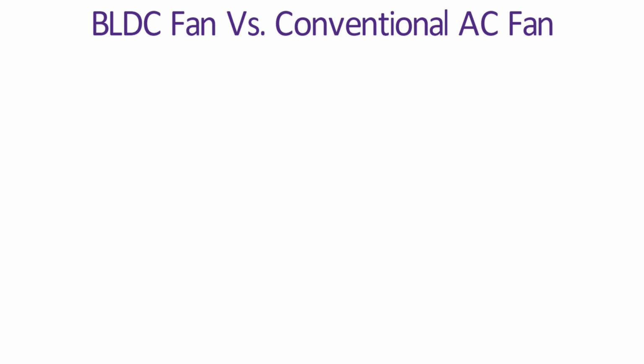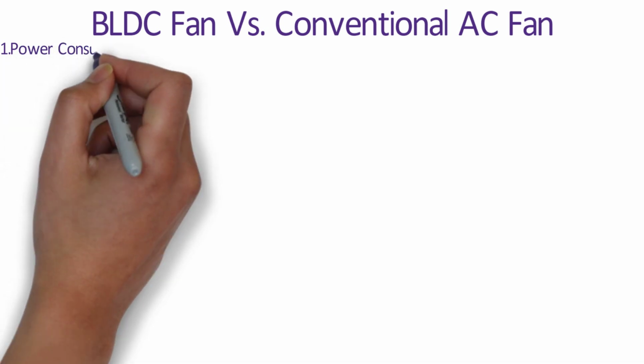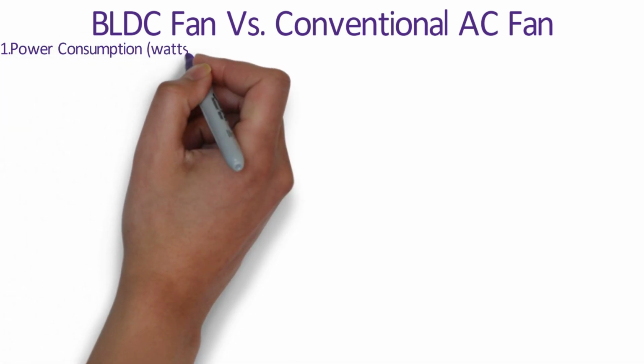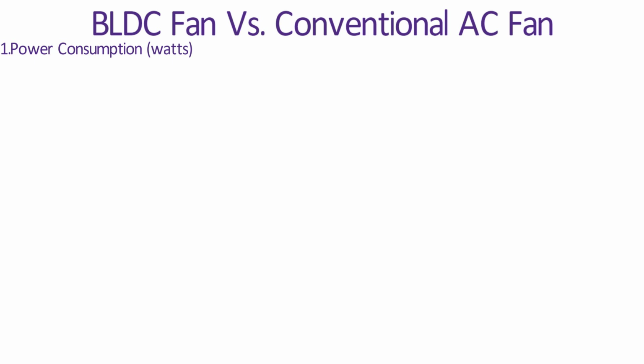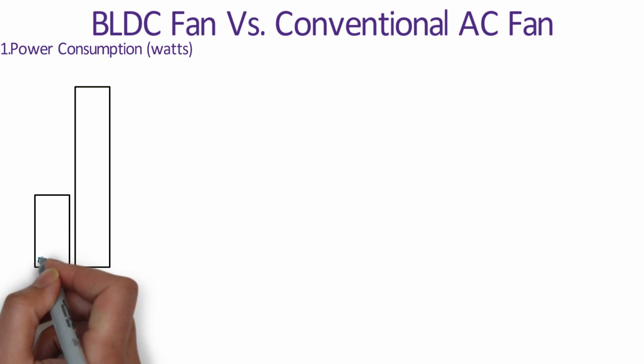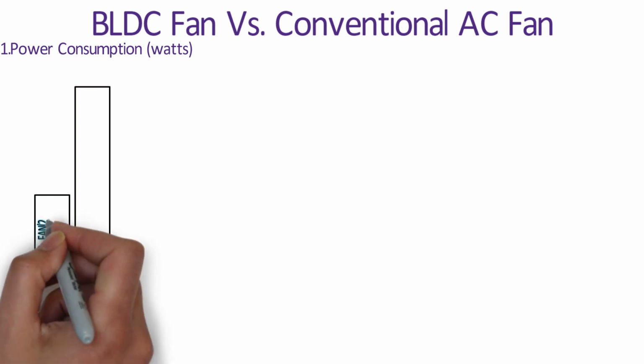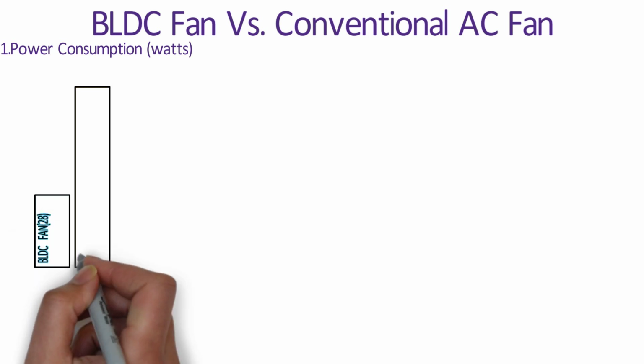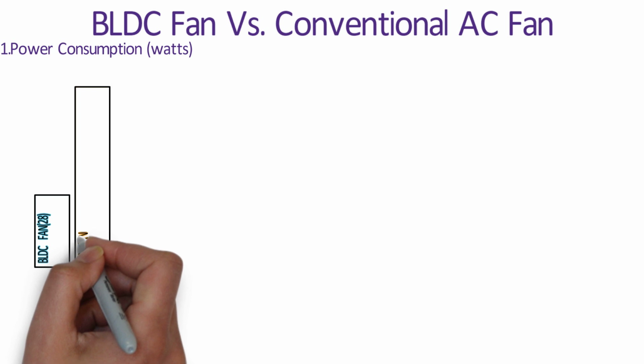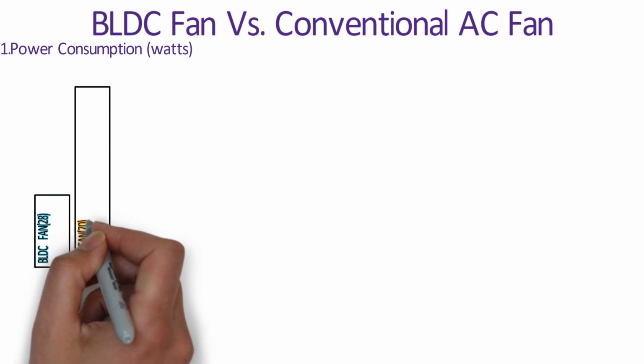Let's start with power consumption. It's an important factor which differentiates BLDC fan from conventional AC fan. Most of the BLDC fan power rating lies between 28 to 30 watts max. For AC fan, power rating lies between 70 to 80 watts.